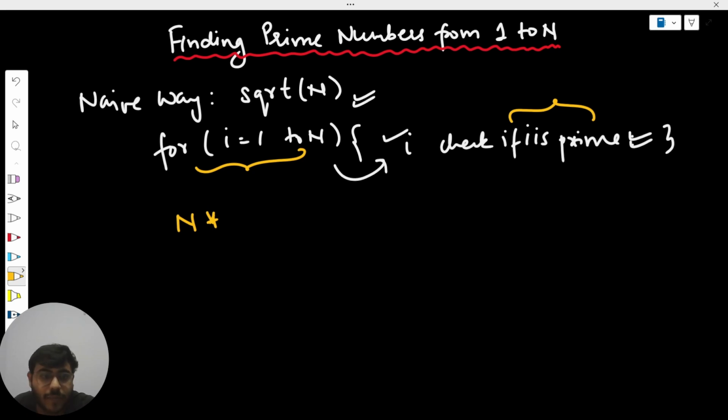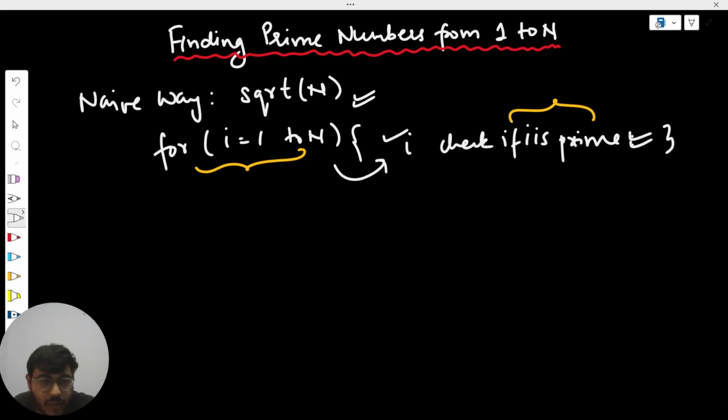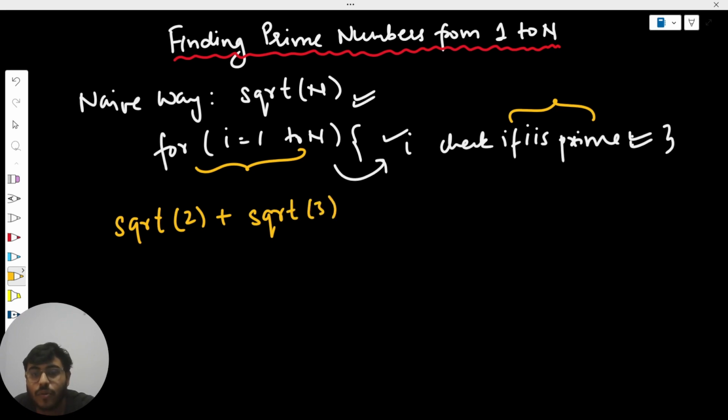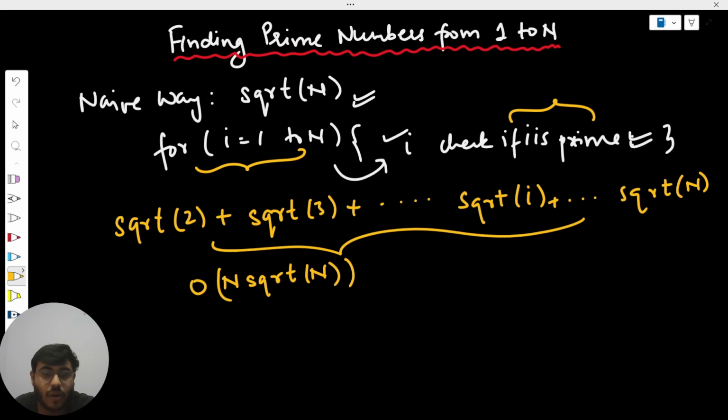When we check if 2 is prime, it takes square root of 2 time, then for 3, square root of 3 time, and so on. At any point for any i, it takes square root of i time, up till square root of n. So taking an upper bound on this whole time complexity, it is order n into square root of n.